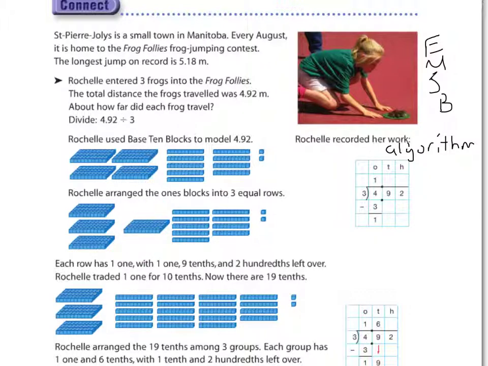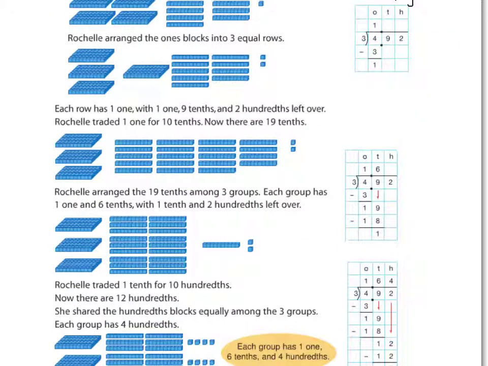Okay. Now we're going to have to bring down. So now she's taking the 1 that she has left and she's traded it in for the rods. So there are now 19 tenths, which is what she's done because she's brought down the 9, so we're left with 19 here.